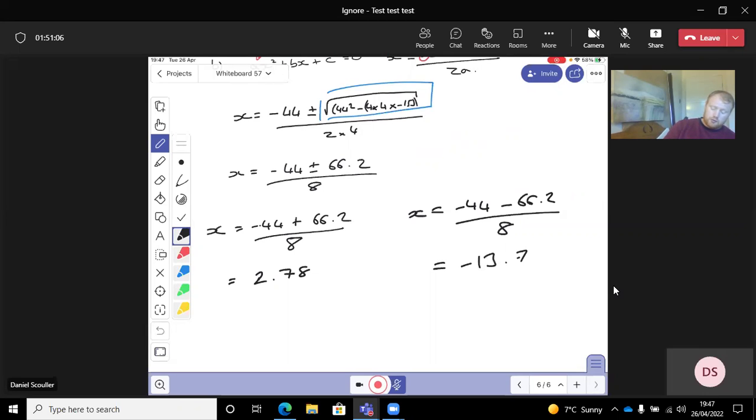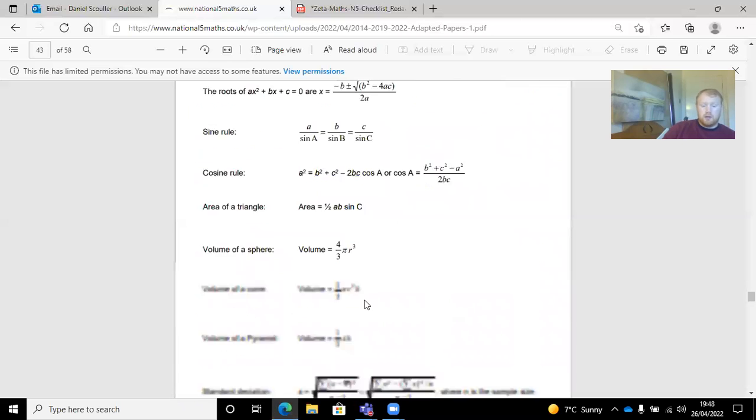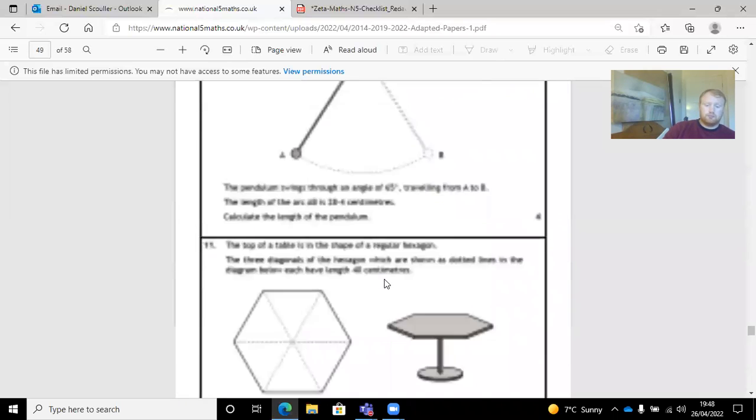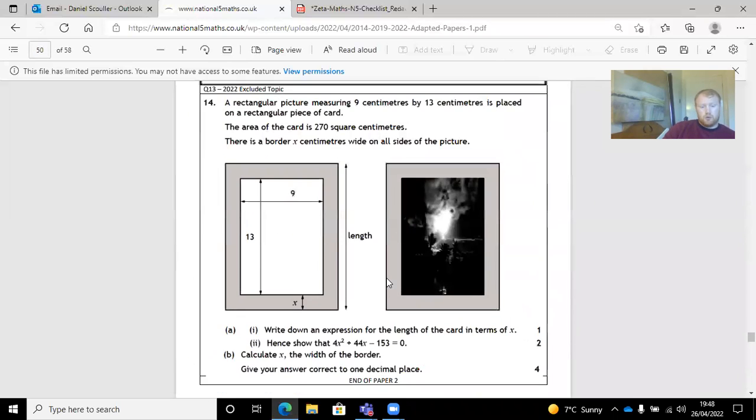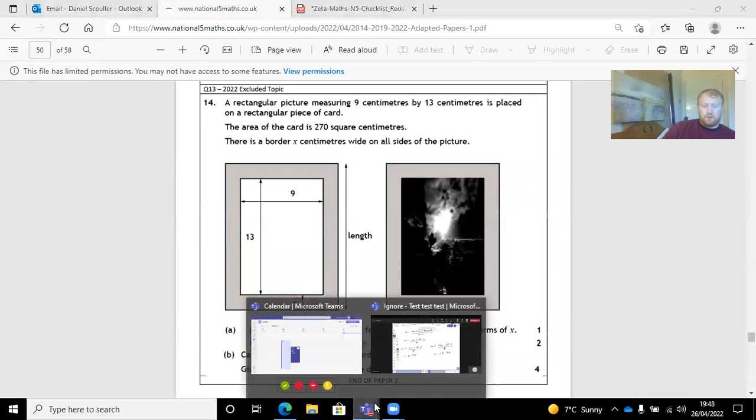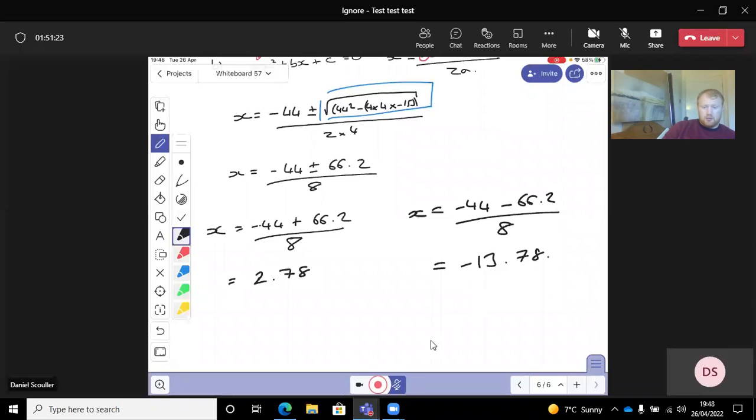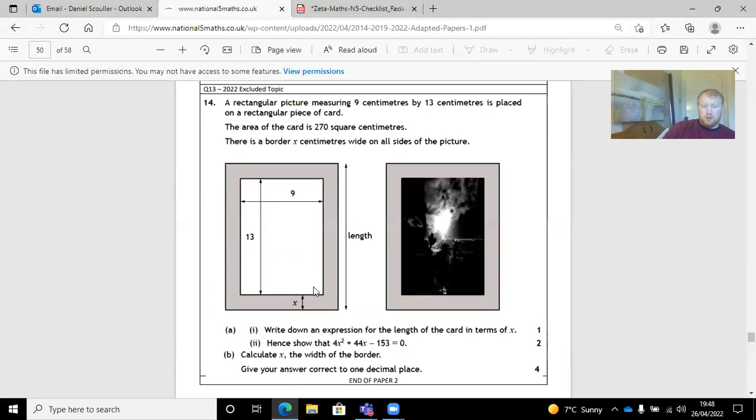You get two answers. Now as I say, one of these is going to be wrong. So what doesn't make sense? What doesn't make sense is if x was a negative number. So if x is the width of that grey area of the border, then it can't be negative. It has to be positive.